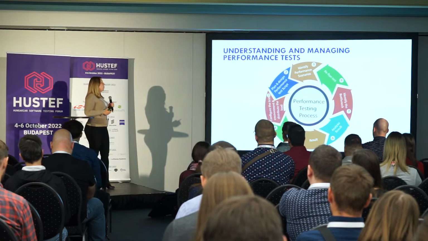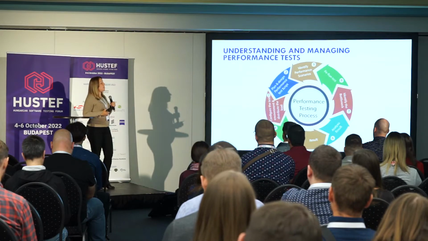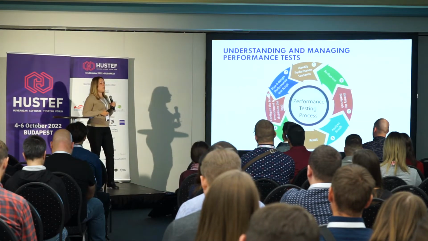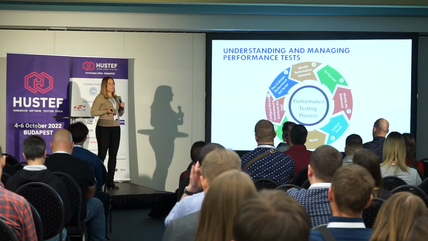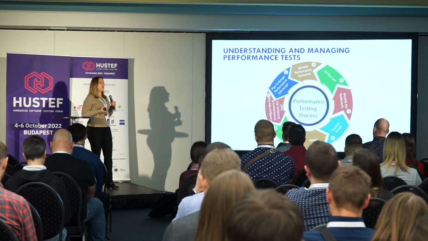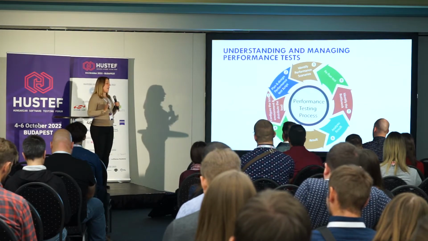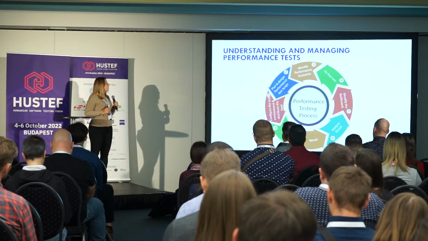So we started to configure the environment, and we had a lot of help from DevOps guys, because sometimes QAs don't have enough knowledge about all requirements, about setting it up, and we need to have a most likely production-like environment.